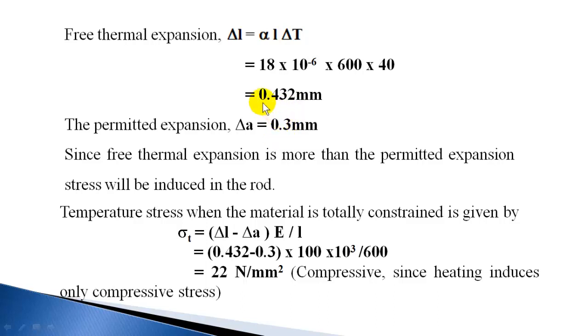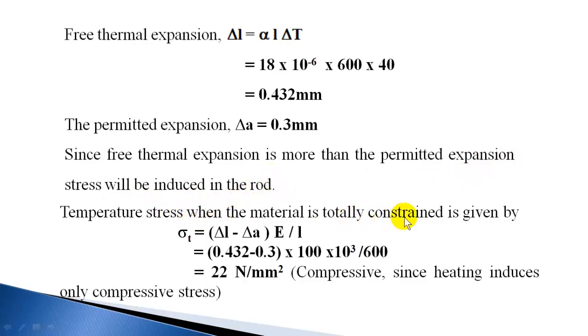You are allowing more than the free expansion. In that case no stress will be induced. You cannot blindly use the formula. Only when free thermal expansion is greater than the allowed expansion, you can apply the formula. So here free thermal expansion is more than the permitted expansion, so stress will be induced in the rod.